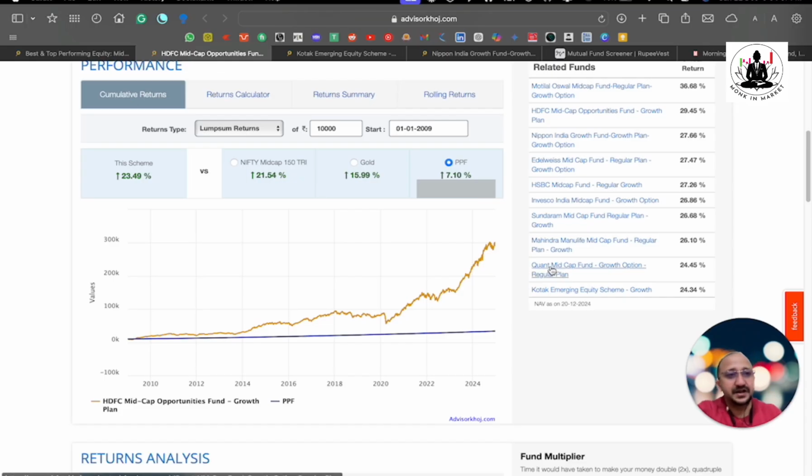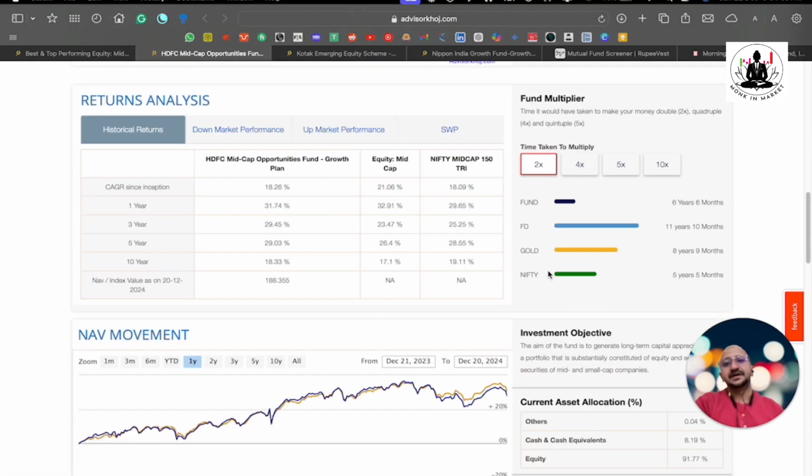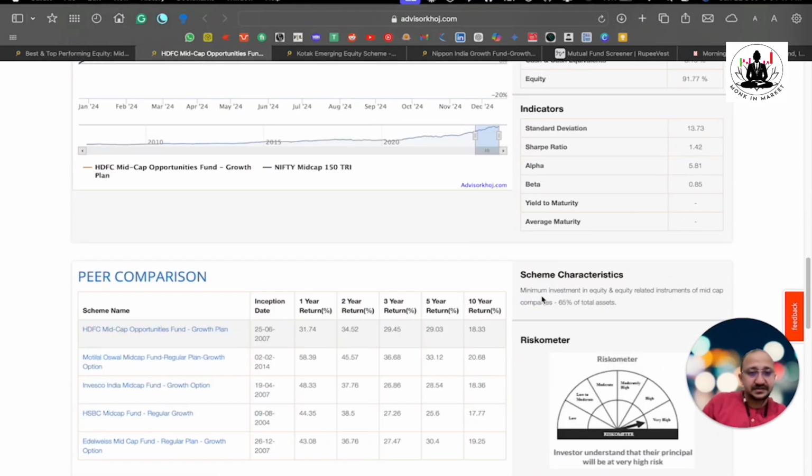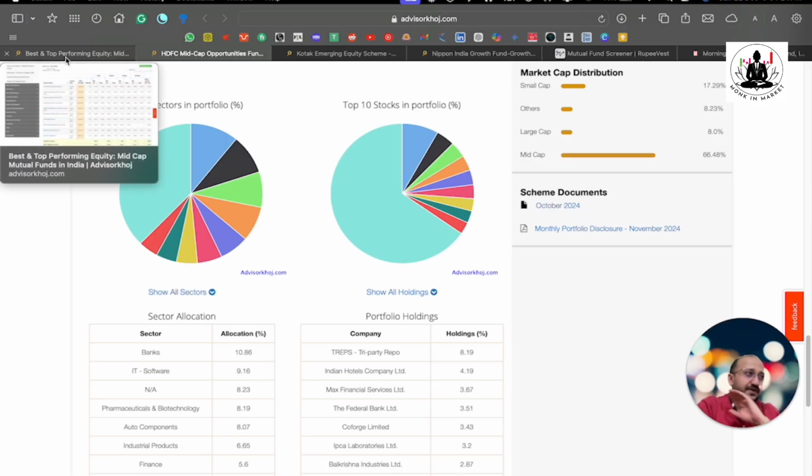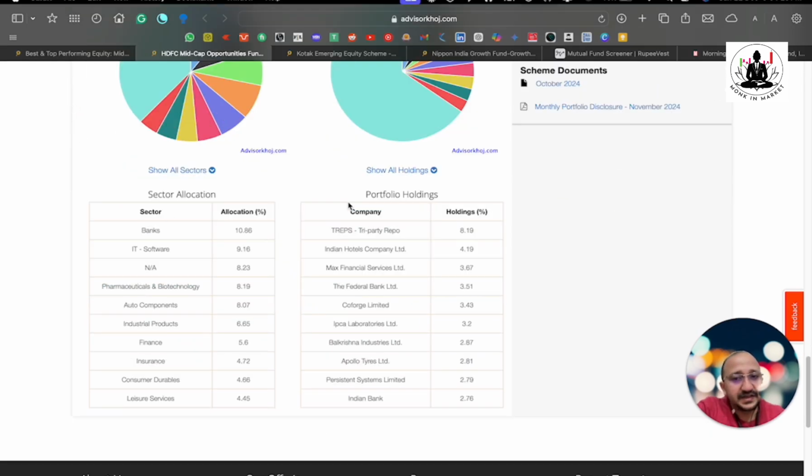One more tip I would like to give you over here, guys. If you don't want to invest in mutual funds, you want better returns than mutual fund itself, I want you to shortlist top 10 or top 5 performing mutual funds of India, and see where they are investing their money, right?